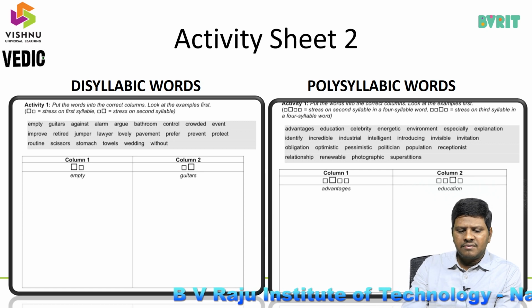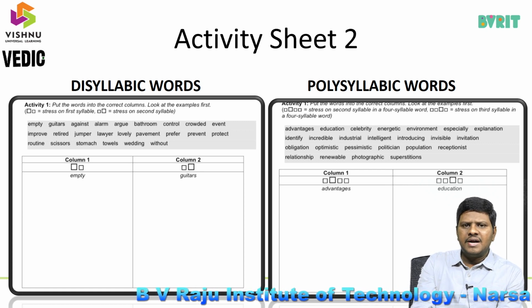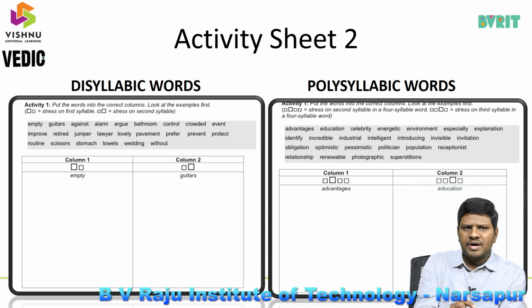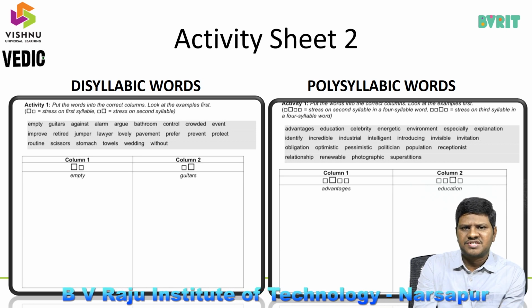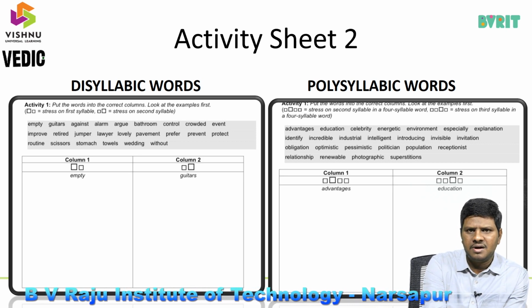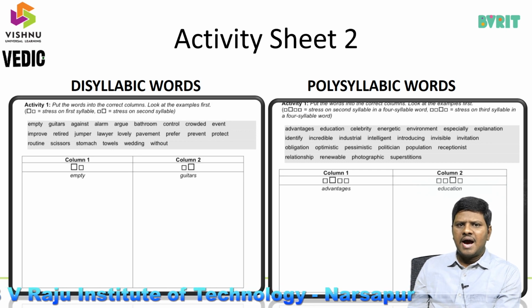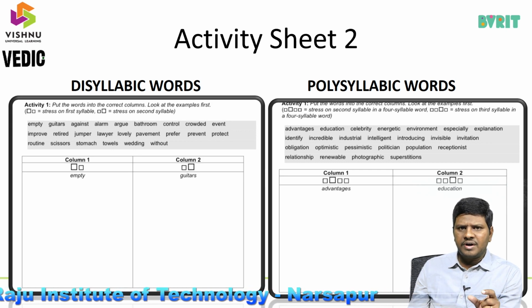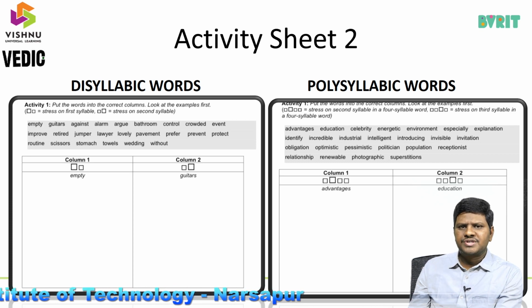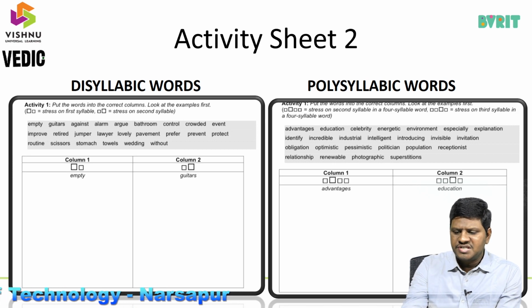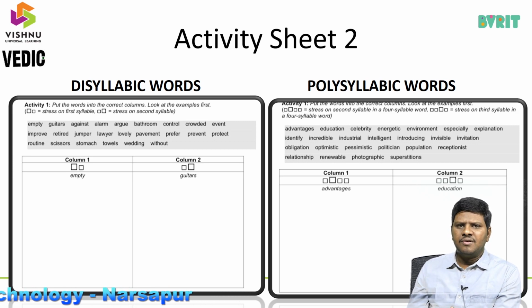Okay, and there will be some words, and by picking up that word, this word carries the stress on the first syllable, then they have to keep it in column number 1. Okay, and if the word carries stress on the second syllable, then they have to post that word into column number 2.